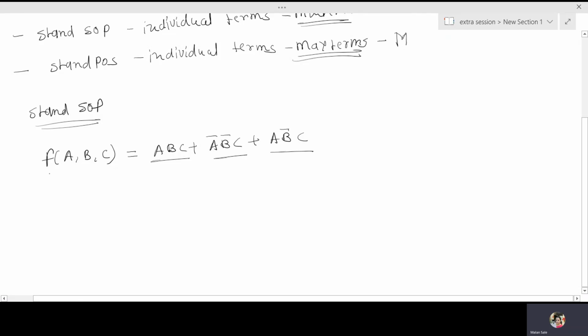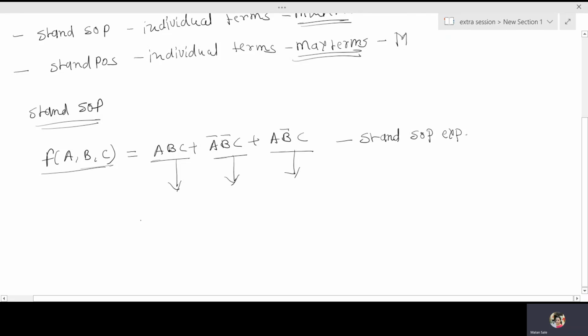The Boolean function f with 3 variables is given in this example, and each product term has all the literals either in a complemented or uncomplemented form. So such type of expressions, you can say that these are the standard SOP expression.